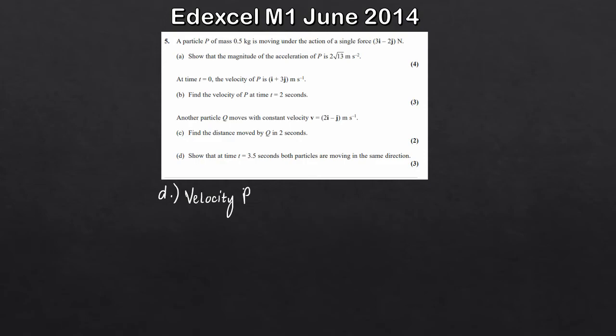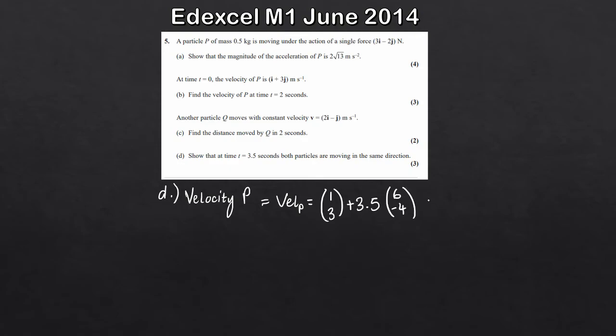Velocity of P. So this is going to be equal then, again, using my SUVAT equation, so it'd be equal to my initial, so that's going to be 1, 3, plus at, but obviously don't forget in this case, t is 3.5, so it's going to be plus 3.5 times a, so a is still from the one we worked out in part A of the question, so that's 6, minus 4.